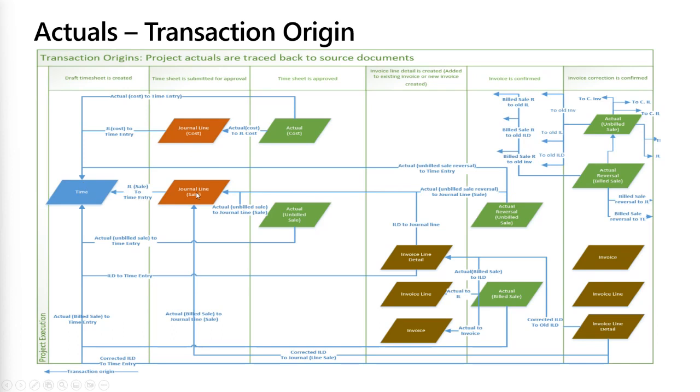Now, once timesheets are approved, we create the cost actual as well as the unbilled sale actual, and then we are linking all together. So this unbilled sale is linked to the time as well as to the journal line.